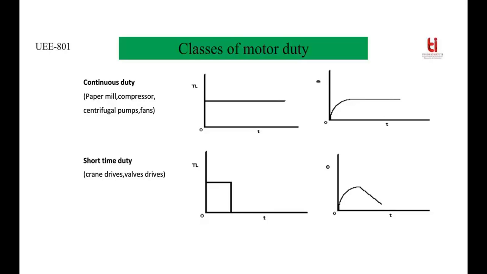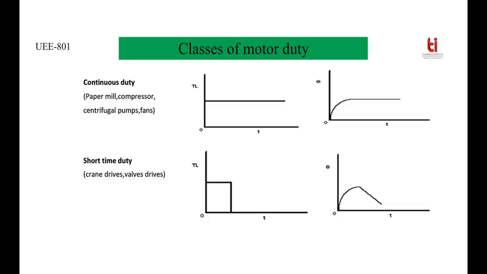In continuous duty, the machine is continuously on and load is always there across the machine. The straight line indicates that a constant load is given to the machine. So a TL versus t graph is there. In the corresponding theta versus t graph, we can observe that the temperature increases from 0 to the steady state value.